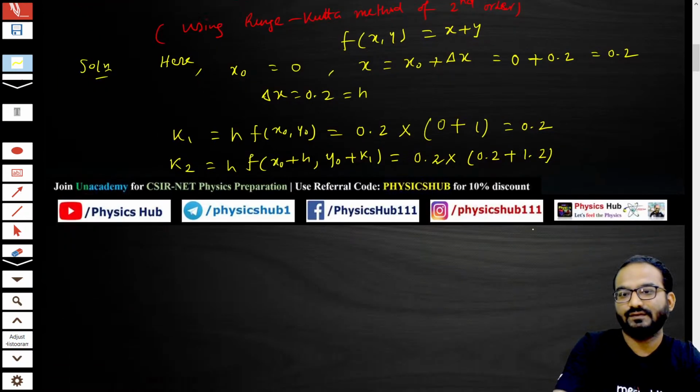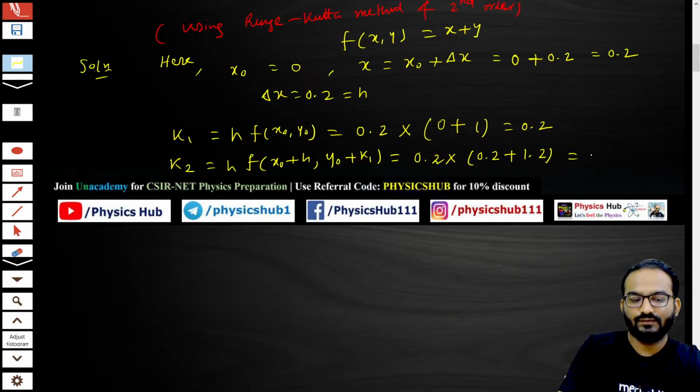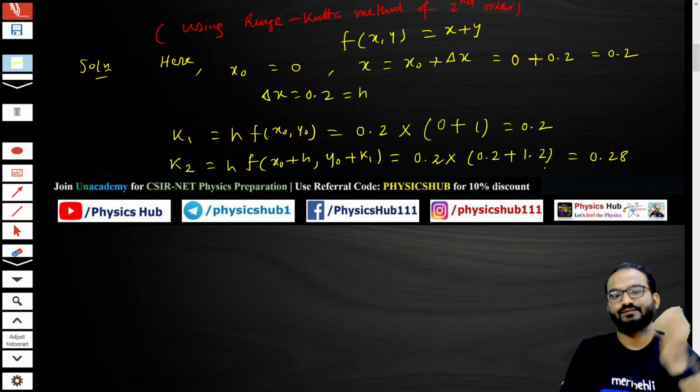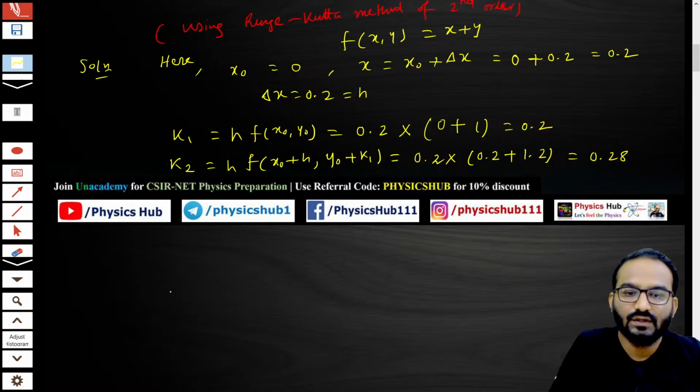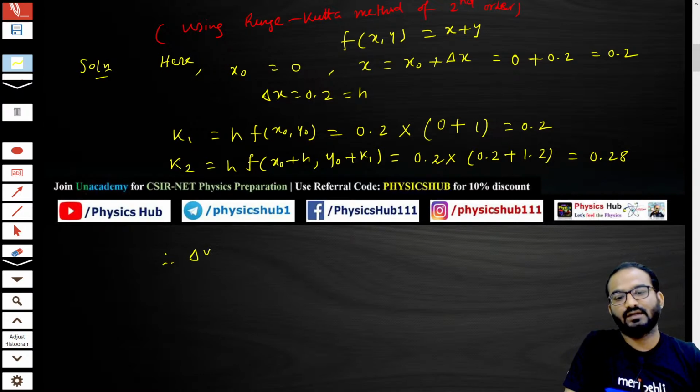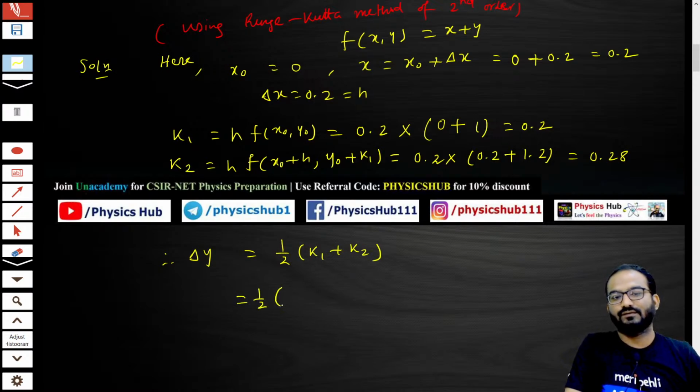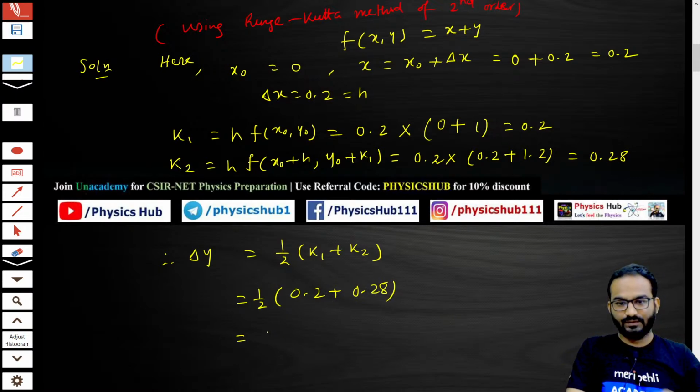If you evaluate this, you get a value of 0.28. So you got the values of k1 and k2. Therefore, we can find the value of delta y. Delta y is equal to half of (k1 plus k2). Half of k1, which is 0.2, plus k2, which is 0.28, if you evaluate this, you get a value of 0.24.